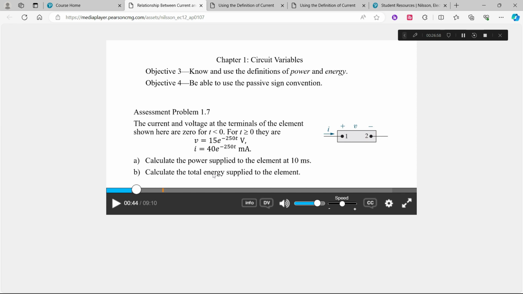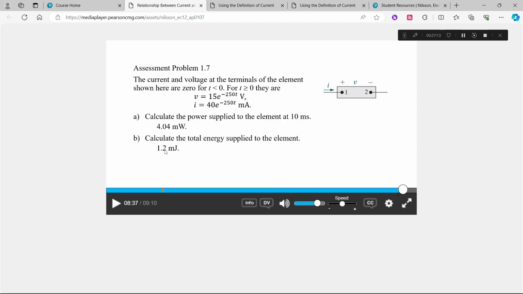So if you approach infinity, eventually it will be fully supplied, right? Because it's asking, what does total energy supplied to the element mean? It's the 1.2 millijoules. That's being totally supplied to the element as it approaches infinity, if you set the bounds towards that.